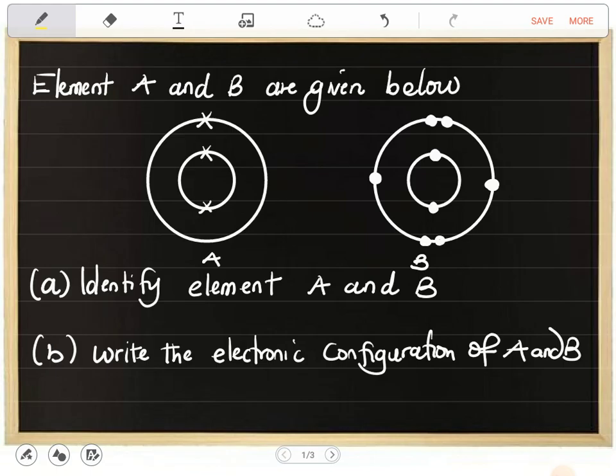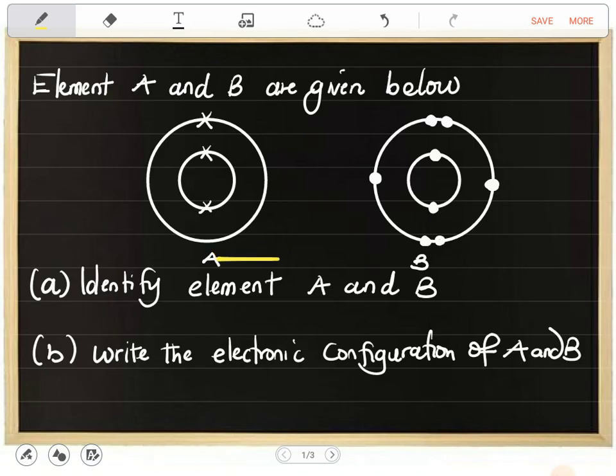I'm back with another interesting question in chemistry coming from the topic of bonding. To be specific, elements, compounds and atoms. The question says, element A and B are given below in the form of the electronic structure.